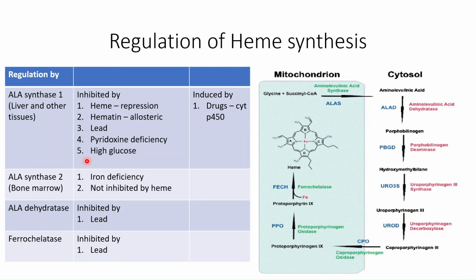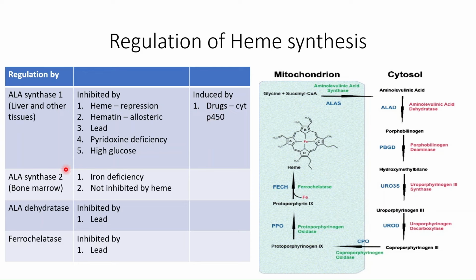Sometimes when heme production is high, it leads to toxicity, so we can inhibit the heme synthesis by giving high glucose to the patient. ALA synthase 1 is induced by drugs, which induce production of cytochrome P450, as we have discussed earlier.